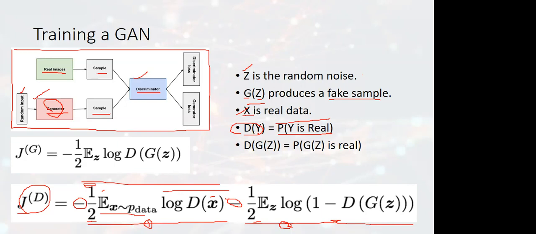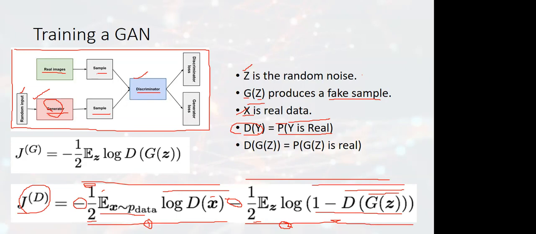On the other hand, the second term is exactly the same, but here we are taking 1 minus D of G of z. We know G of z is a fake sample, and D of G of z is the probability with which the discriminator thinks that the fake sample is real. So 1 minus that term gives the probability that G of z is fake.